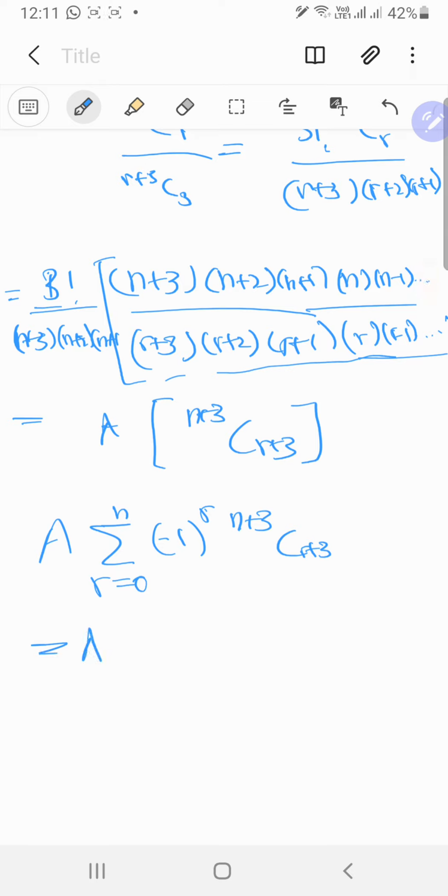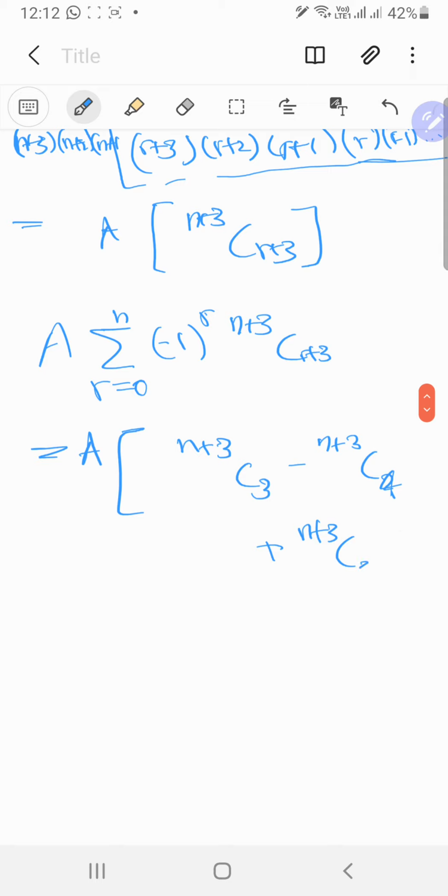So this is going to be equal to a, and then when you put (-1)^r, when you put r equals 0 over there, you're going to get n+3C3, then negative n+3C4, plus n+3C5, and so on, up to (-1)^n n+3Cn+3. Cool.